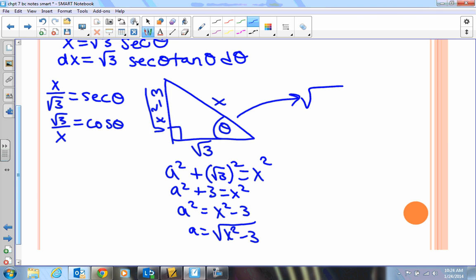So my radical over my number. And what relationship? Opposite over adjacent. Wait, what's the number? Okay, now here, I have all the information I need to sub into my integral.